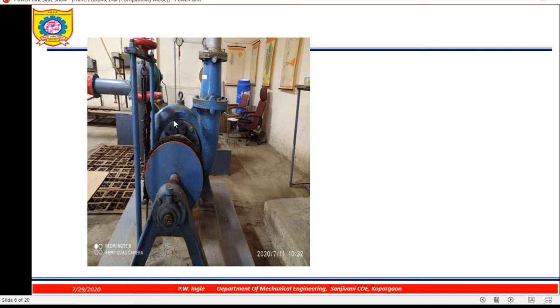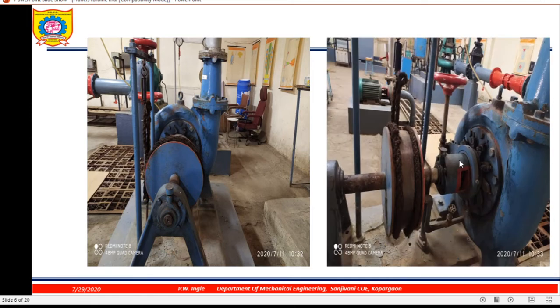Here you see it is a hand wheel, and a scale is provided. This wheel is connected to linkages. You can see these linkages are connected to the guide vanes.